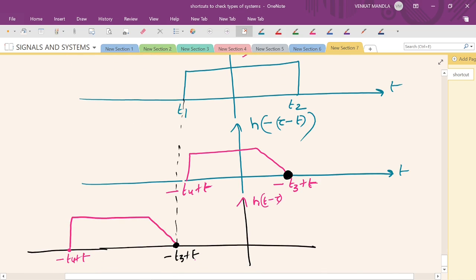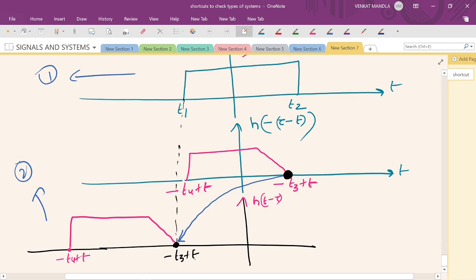We have to multiply these two signals. If I choose this t such that this point comes to here, then is there any overlap between these two signals, 1 and 2? There is no overlap, because here 0 multiplied by anything gives 0.